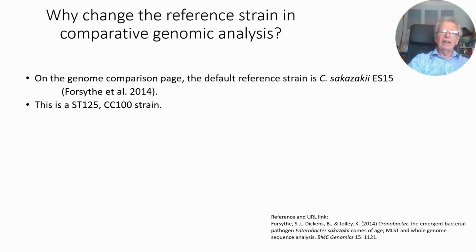That's an ST125, clonal complex 100 strain. And if you want to know more about that, just click down here. It will take you to the published paper that I did a few years ago on this topic.